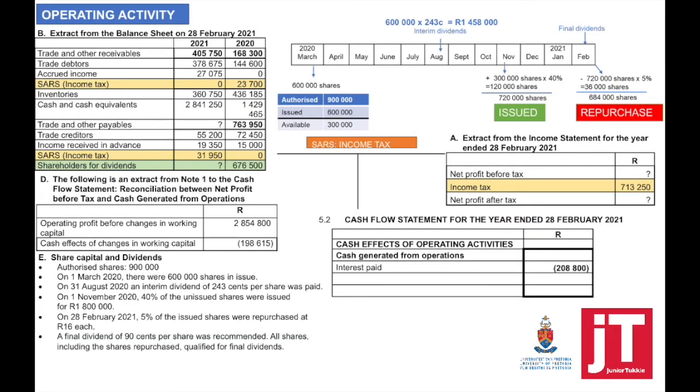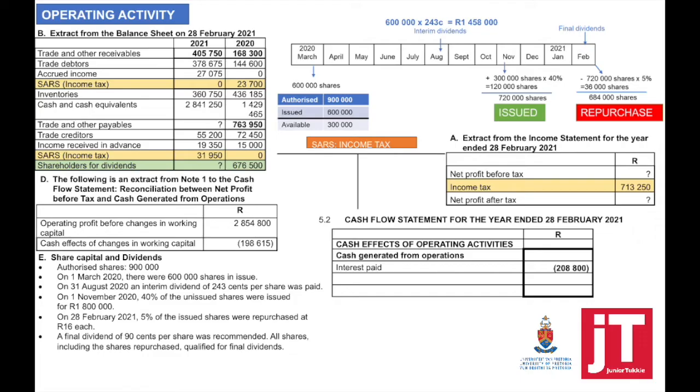We are now going to look at the cash flow statement, but we're going to look at each activity. We're starting with the operating activity. If I look at the operating activity, they've given you the interest paid, and then we've got cash generated from operations.